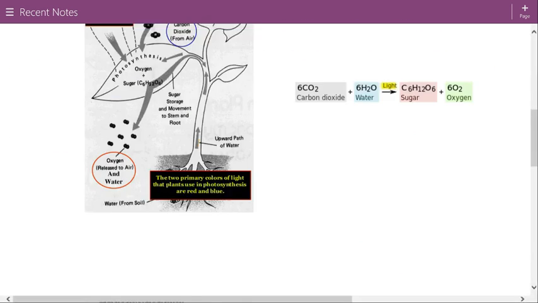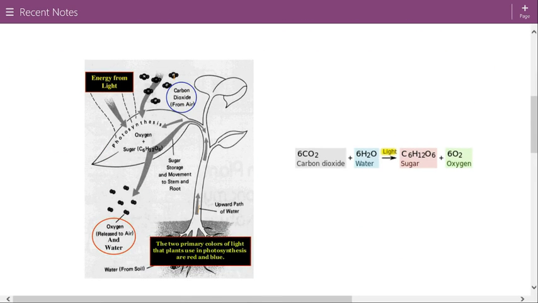All right, so basically, for photosynthesis, we have a plant, and it's going to take up water. In a vascular plant, it's going to take up water from the roots and send it up the tube-like structures of the plant.